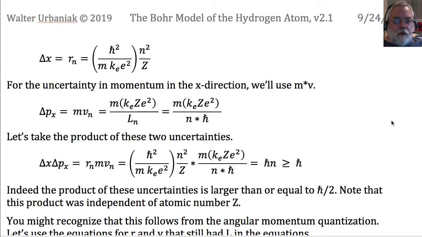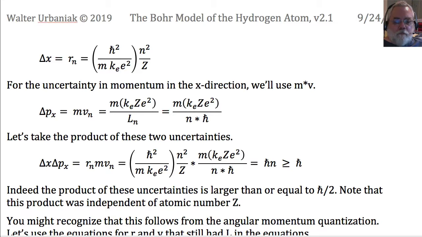When we take the product of these two uncertainties and we work through the math, we end up getting that the product of the uncertainty in x with the uncertainty in momentum in x equals h bar times n. And this is always greater than or equal to h bar.